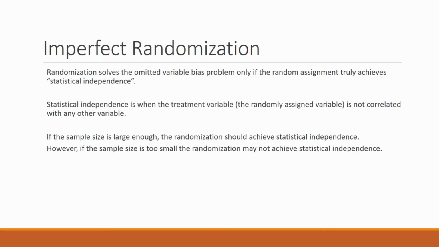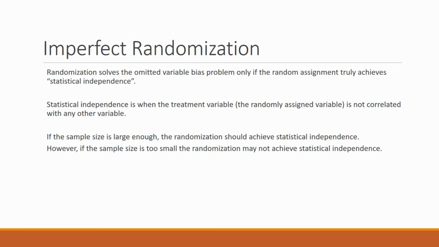If the treatment group is the same as the control group on average, then we have statistical independence. Or if we say the treatment variable is not correlated with any other variable, then we have statistical independence. Now, random assignment of the treatment should achieve statistical independence. That means if we randomly assign who gets the treatment and who gets the control, that should give us the statistical independence.